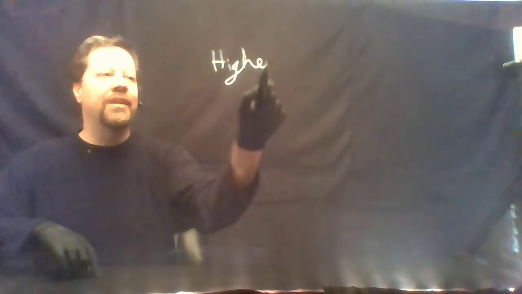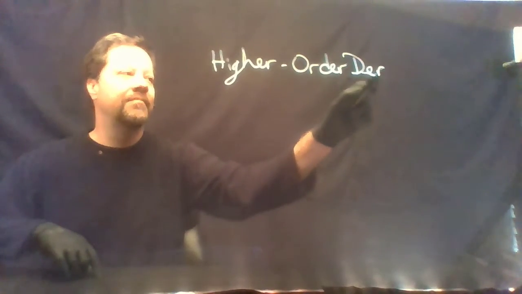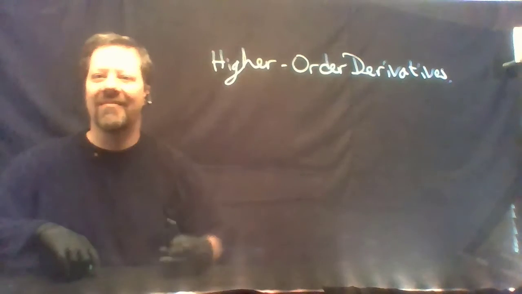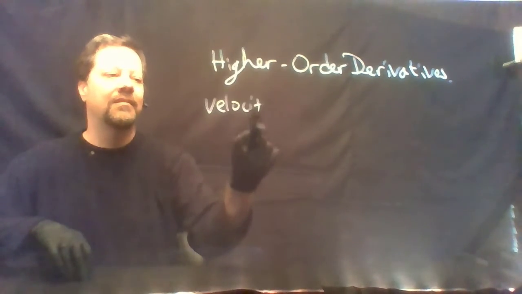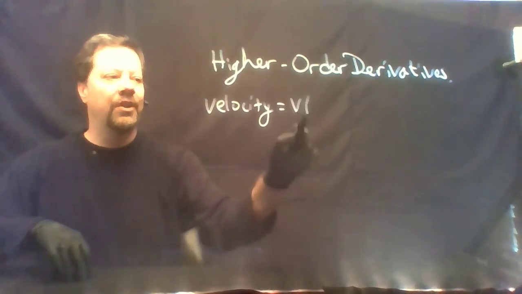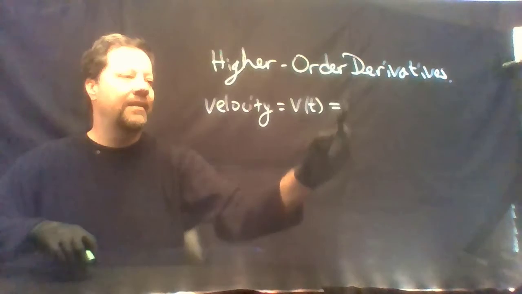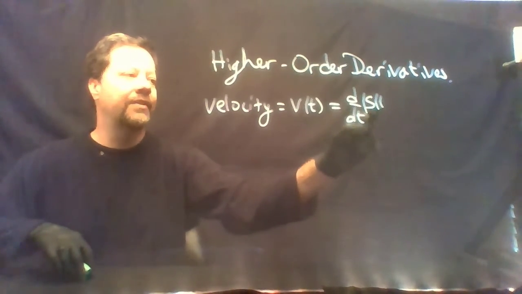I need to give you the notation for higher order derivatives. Recall that velocity, which we'll denote by v, which is a function of time, is the time rate of change of the position function.